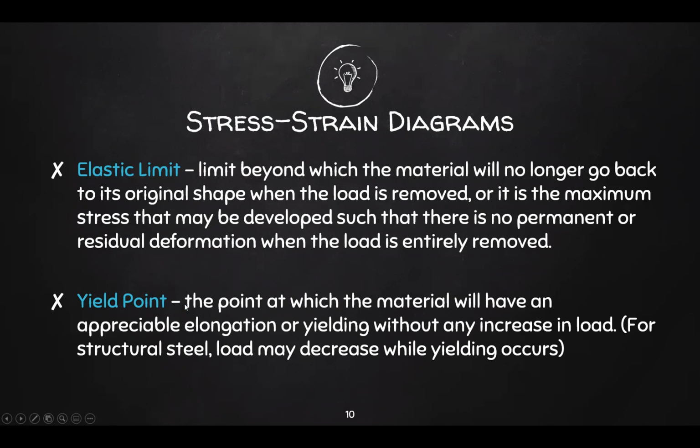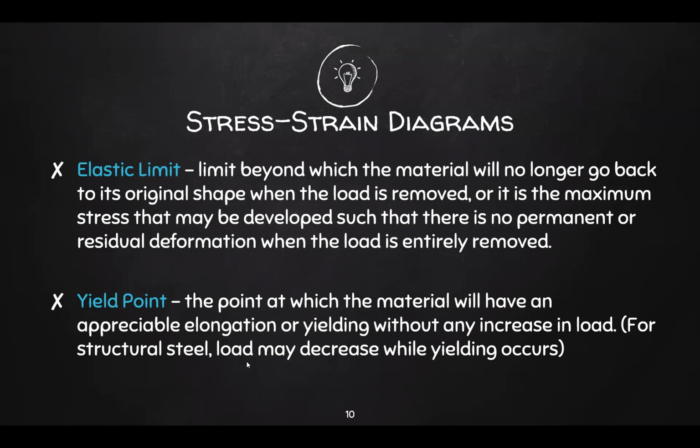And then next is yield point, the point at which the material will have an appreciable elongation or yielding without any increase in load. It's an appreciable deformation already, something we don't want to happen with our material. That's why we consider the yield point as the maximum stress your material should withstand.